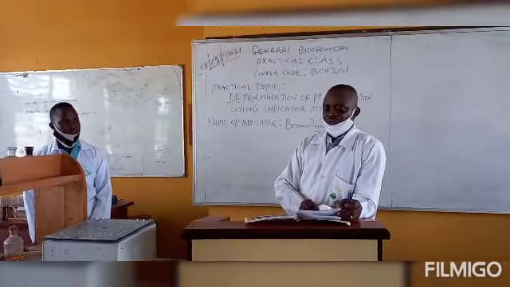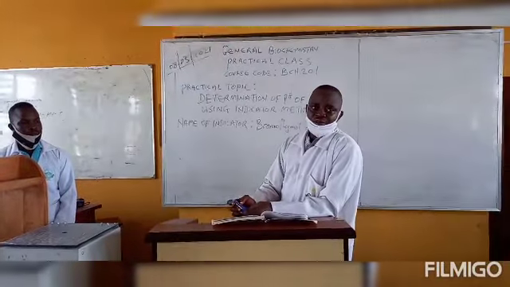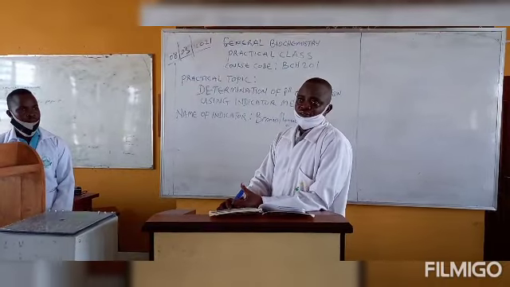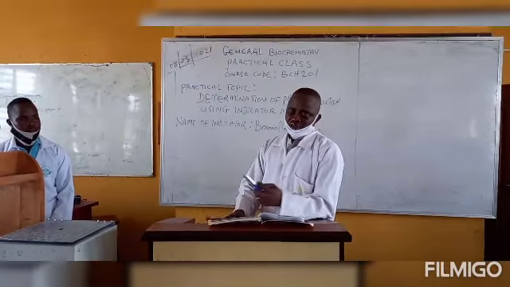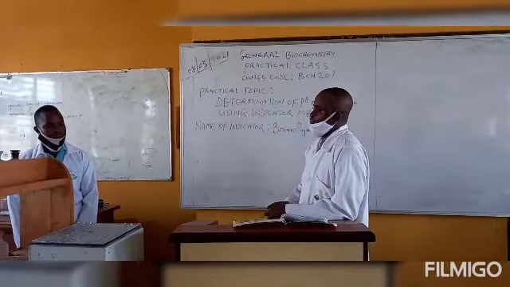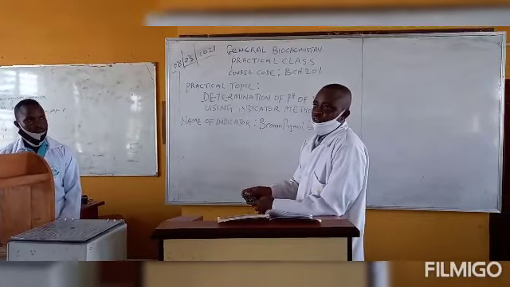Last week, we dwelled much on the concept of numeracy, whereby we were exposed to how you can convert from one unit to another. Today, we shall be looking at the determination of pH of a solution using the indicator method.